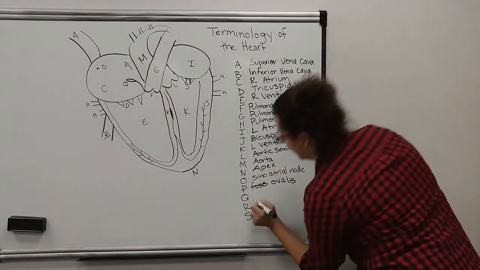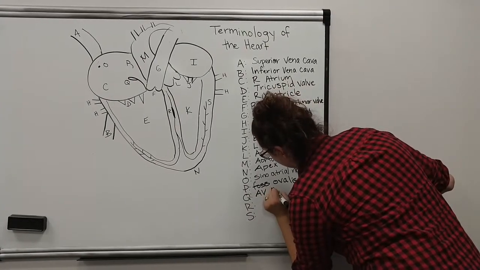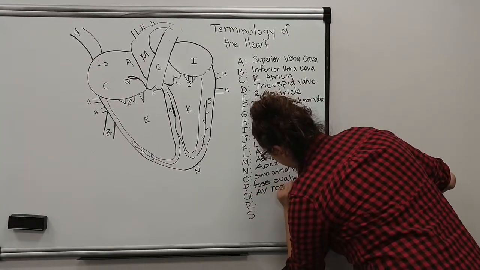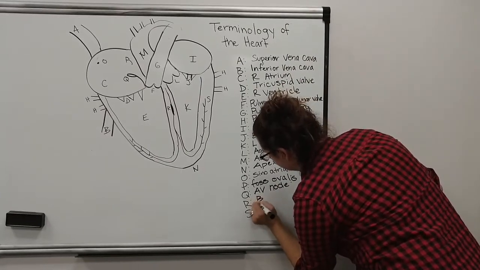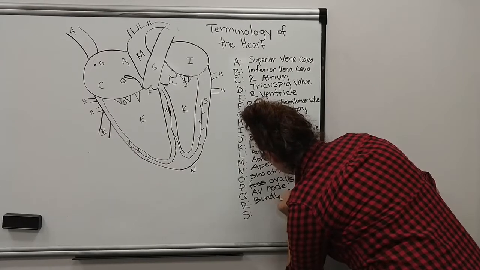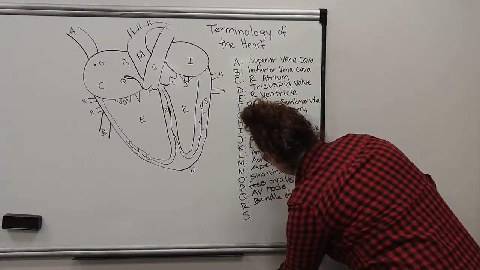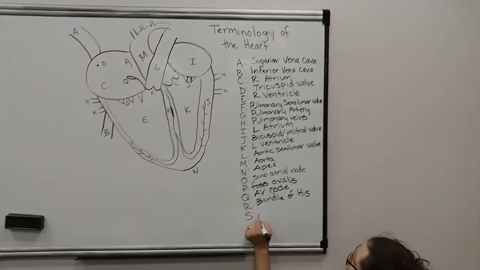Q is the AV node, or atrioventricular node. R is the bundle of His. And S are the Purkinje fibers.